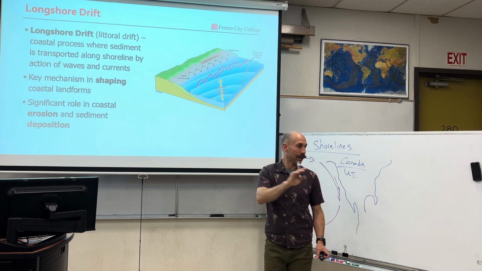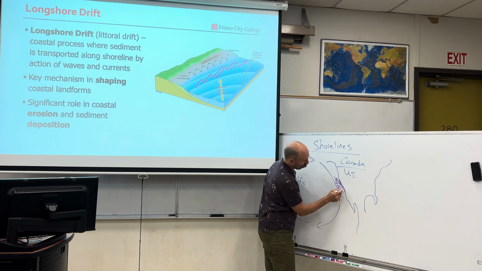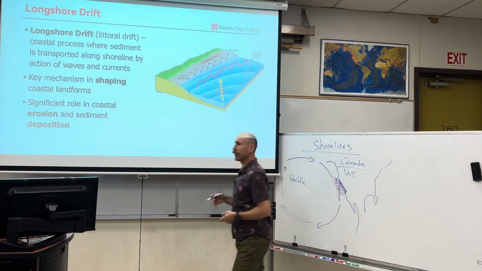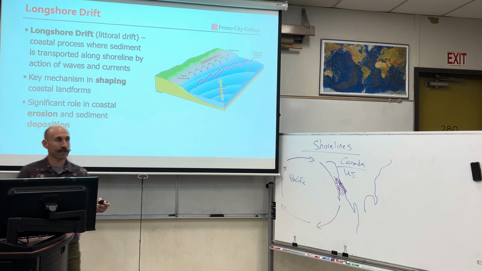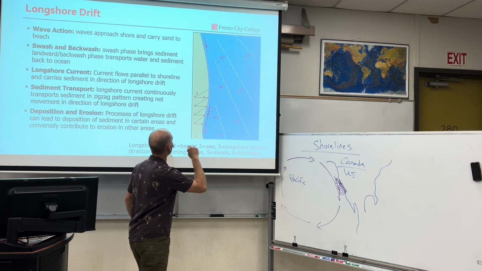Wave refraction means that as these waves are traveling down, like this, they bend, so that no matter where you are on the coastline, the waves look like they're traveling at you. Now, what this does is it creates swash and backwash.